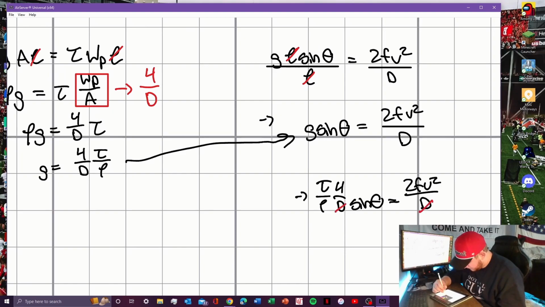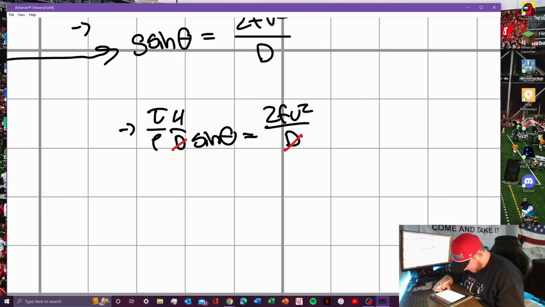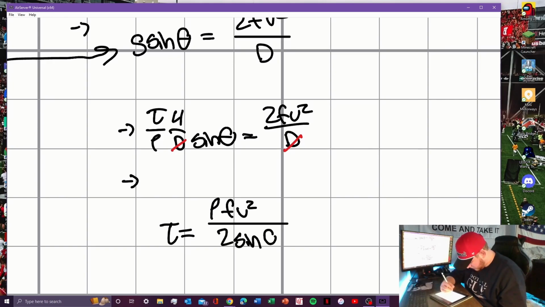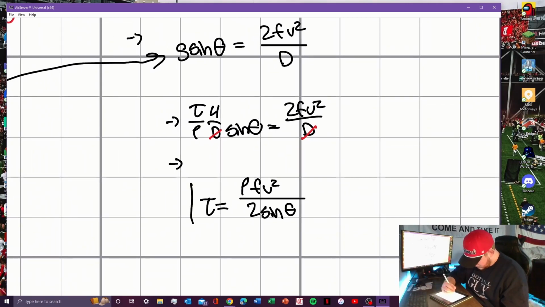And if we solve for tau, quick math in my brain, tau is equal to F V squared rho over 2 sine theta. So that is the shear stress term.